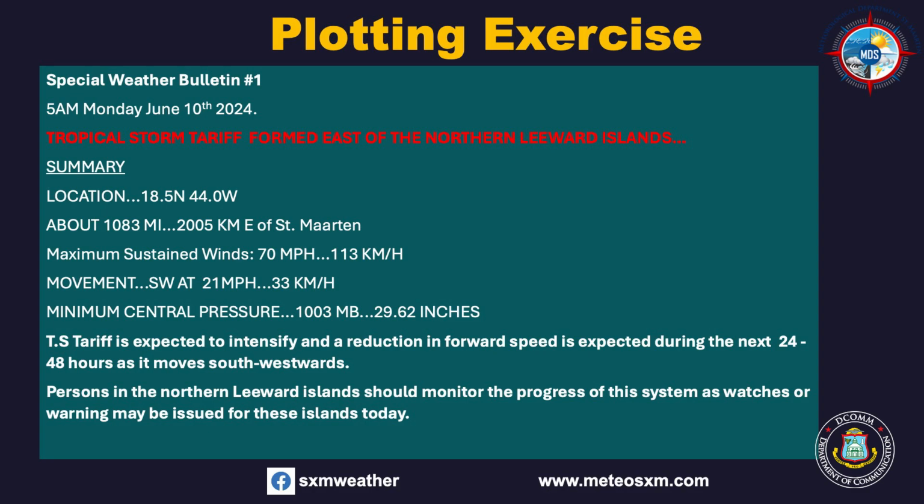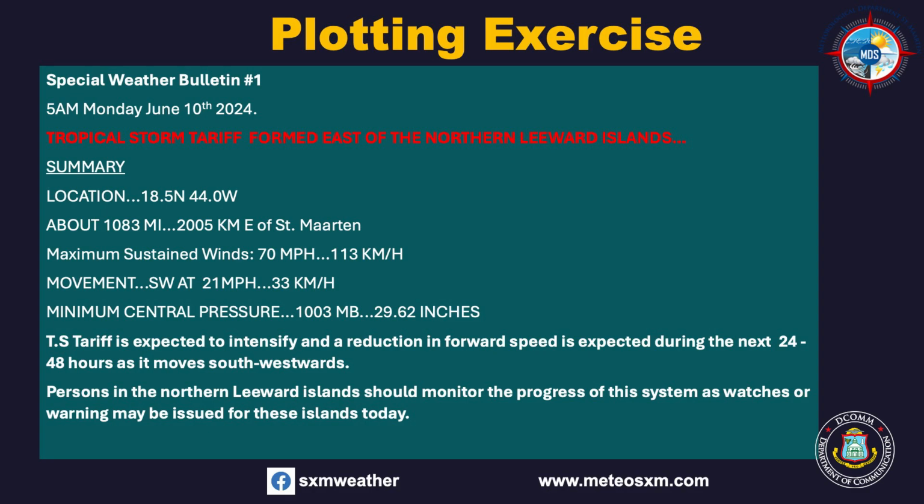The maximum sustained winds are 70 miles an hour, and it is moving towards the southwest at 21 miles an hour. Is it moving fast or slow? It is flying. So what does that mean? If it's moving very fast, will it get to you faster? Yeah. So what should you do at that time? Think of it.